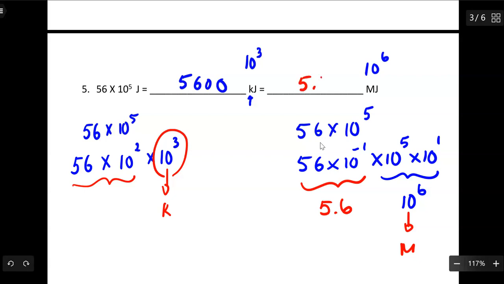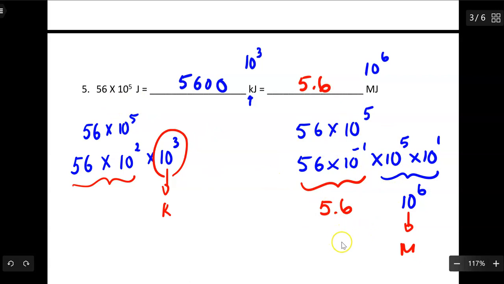Okay, so here 5.6. Or if you don't want to apply this method, what you do is after you get this number correct, you can just move the decimal point from kilo to meet the mega. So you can go here. The decimal point is right here. After this last 0, you go 1, 2, 3. You see it's still 5.6. And you have a choice of not using exponent.